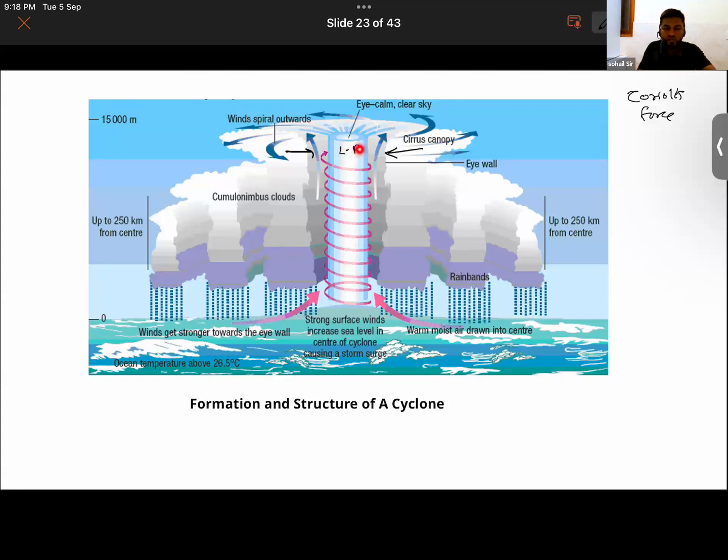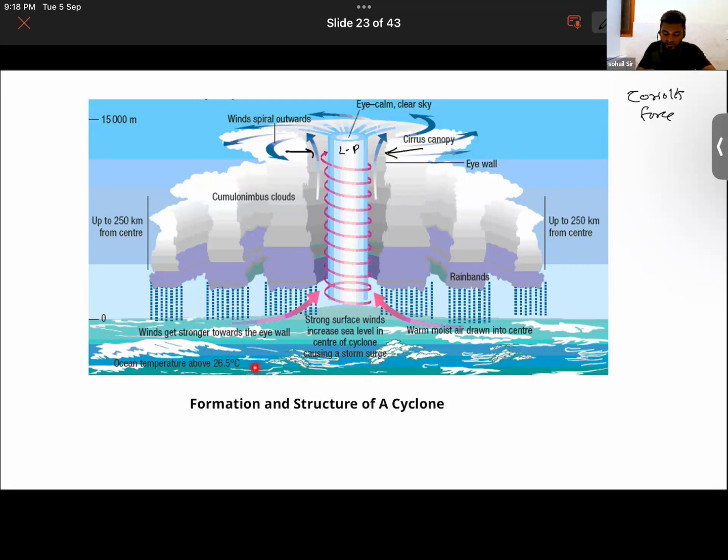So the air molecules start to move towards the center of the storm in a spiral fashion. And the center of the storm that is having the lowest pressure is called the eye wall of the cyclone. Getting it? Yes, sir.